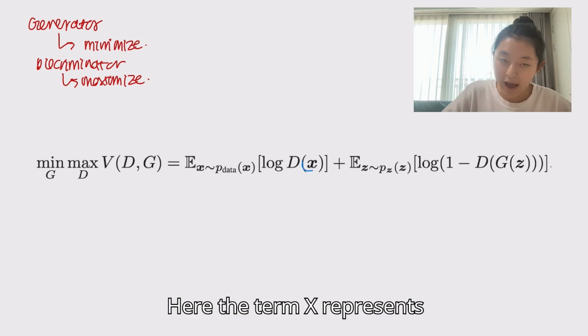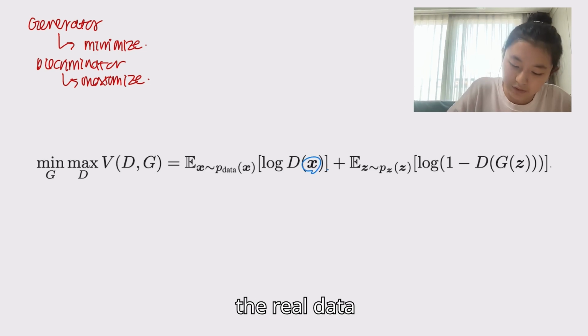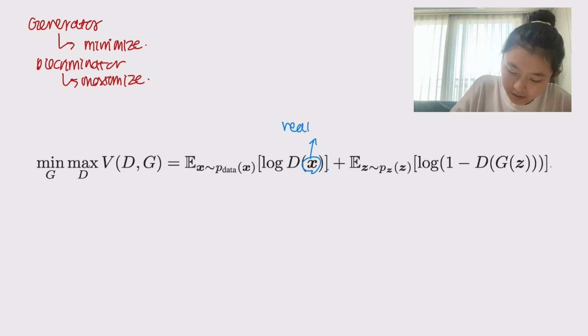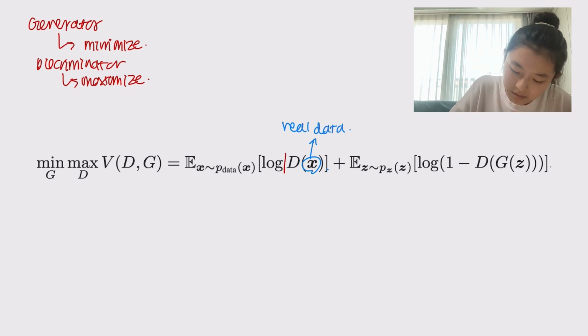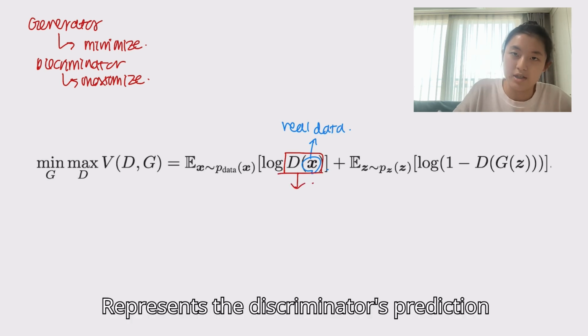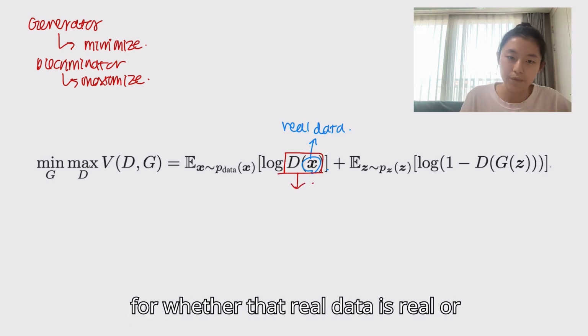Here, the term x represents the real data, and the term D(x) represents the discriminator's prediction for whether that real data is real or fake.